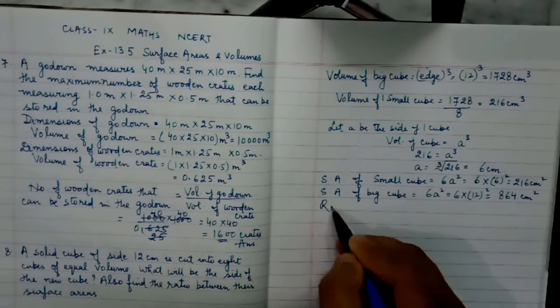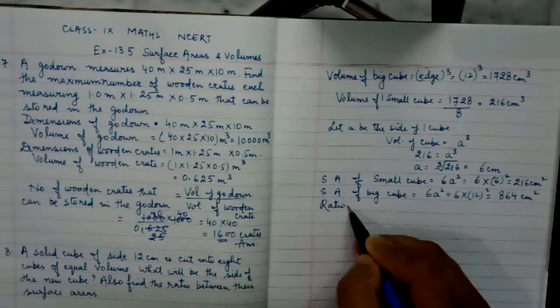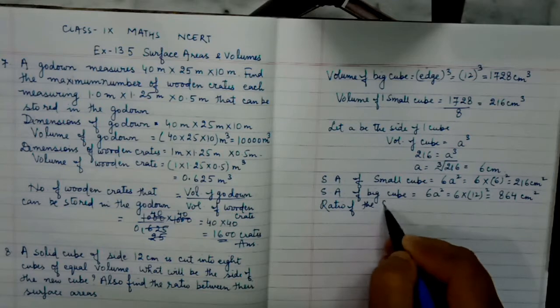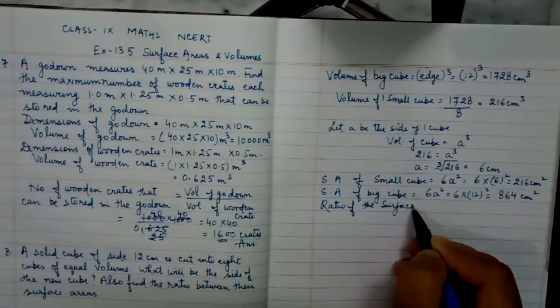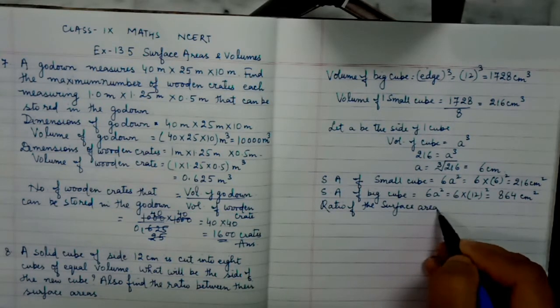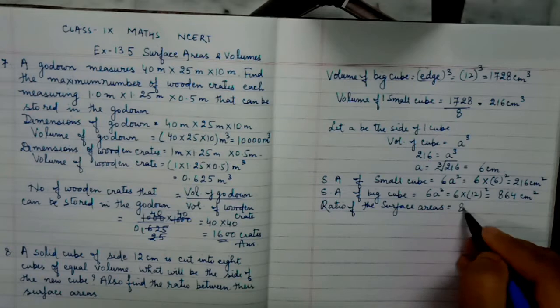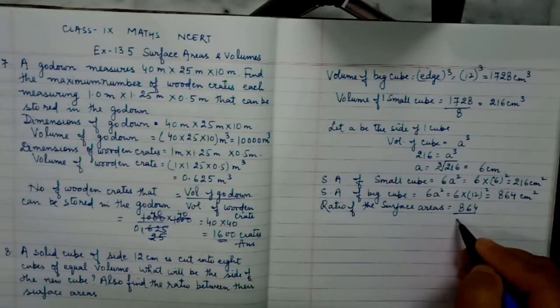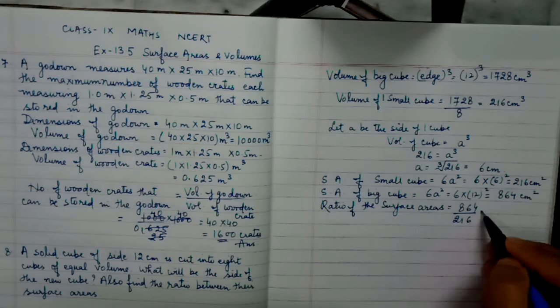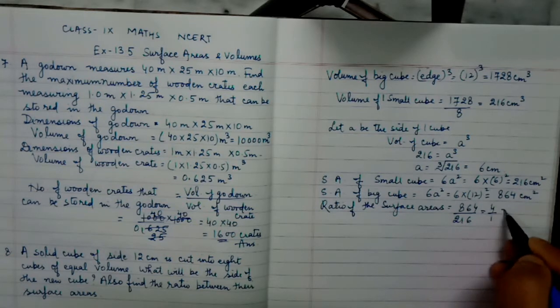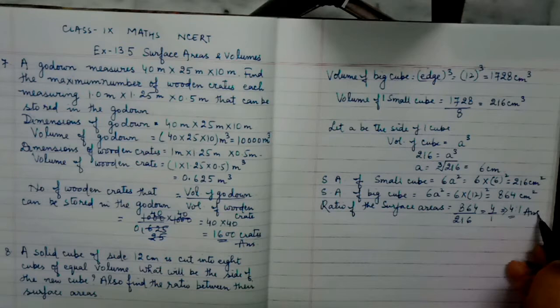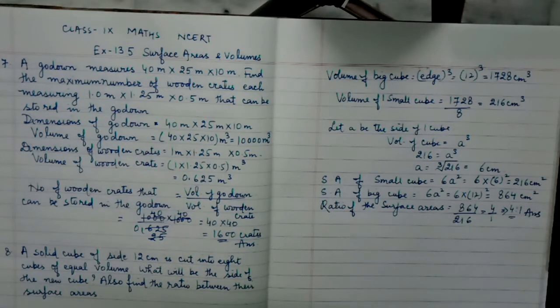The ratio of the two, 864 upon 216, which is equal to 4 upon 1. This implies 4 is to 1. This is the answer. You can do the cancellations.